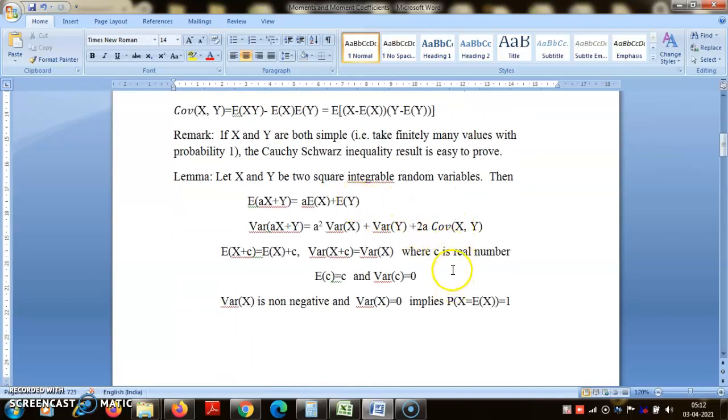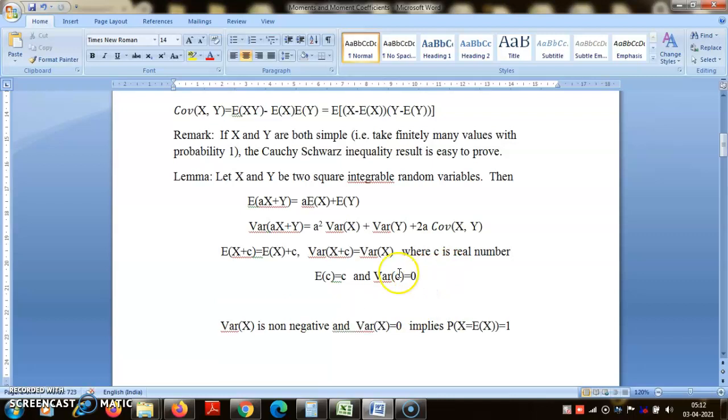Let me put this condition here: if x is a non-negative valued random variable, and the expectation of x is equal to 0, then the probability x equal to 0 is 1.